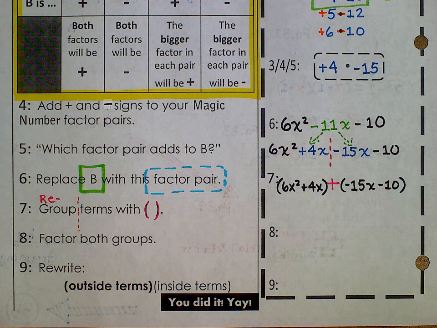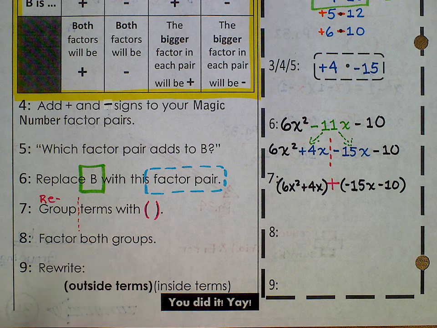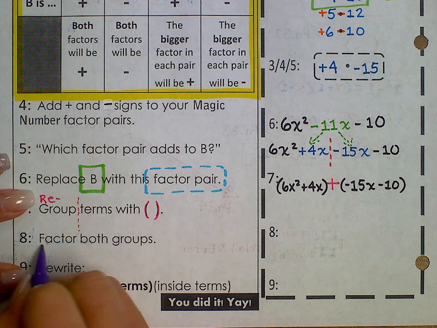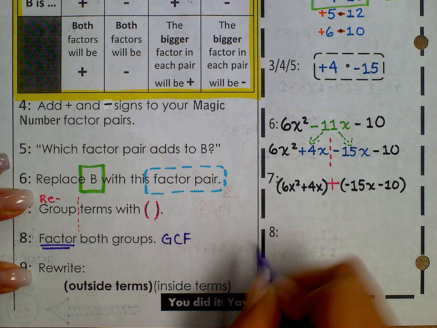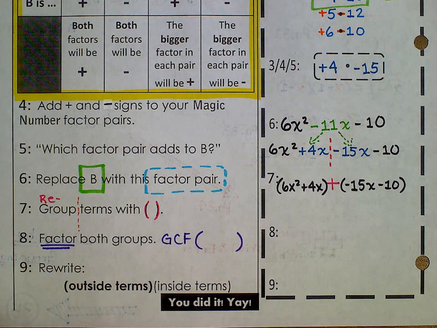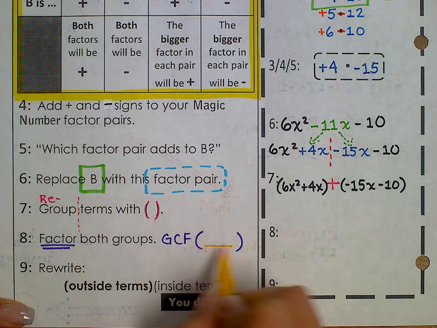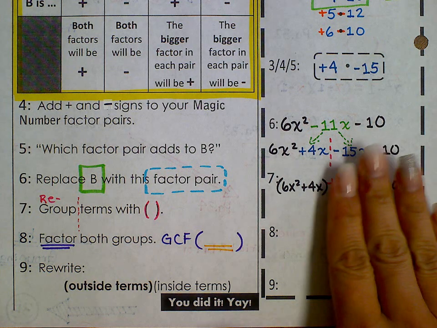Love it. Now, the next step is I'm going to factor, specifically, I'm going to look for a GCF. And I'm going to pull it out of those parentheses, just like we always do. Whatever's left over, I'm going to leave on the inside, okay? So, I'm going to cover this side.